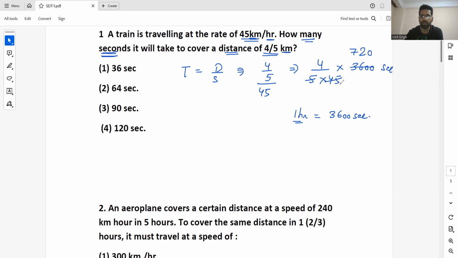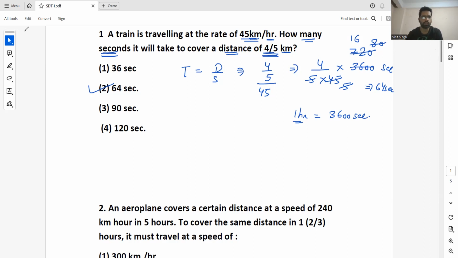Now divided by 9 is 5, 80. Again divided by 5, we will get 16. 16 into 4, here we will get 64 seconds. Now in 64 seconds, the train covers a distance of 4 by 5 km. Getting my point?